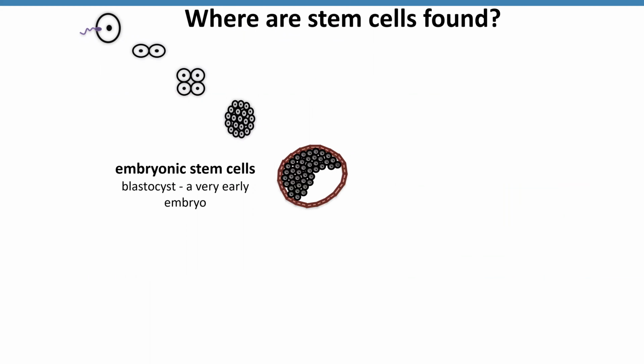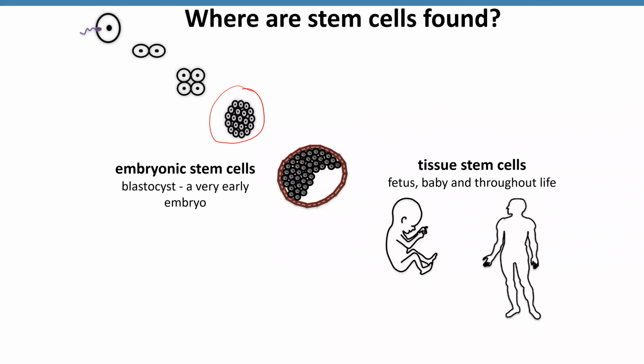Right, so here's our life story again. We start with egg and sperm, fertilization, zygote, and the zygote divides. And when we get to this point, so that's a ball of cells here, and then we form what is called a blastocyst, and the blastocyst has this inner mass, and that's where, this is still an early embryo, this is where we find embryonic stem cells.